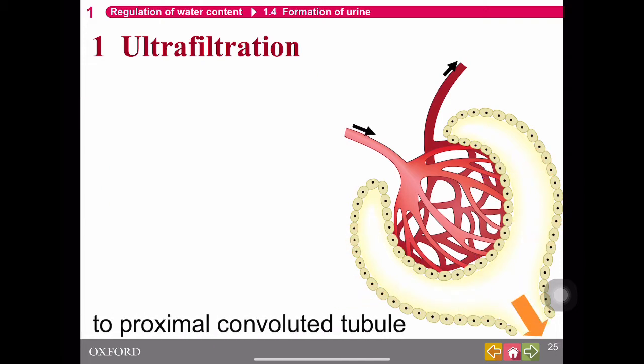After the formation of the glomerular filtrate in the Bowman's capsule, the filtrate will go to the next part of the nephron, to the proximal convoluted tubule. That is the first coiled tubule of the nephron.